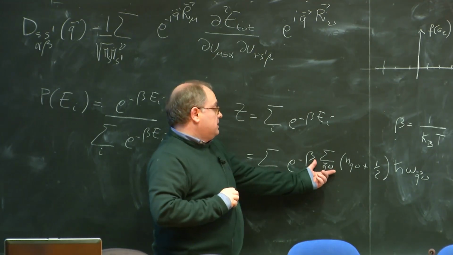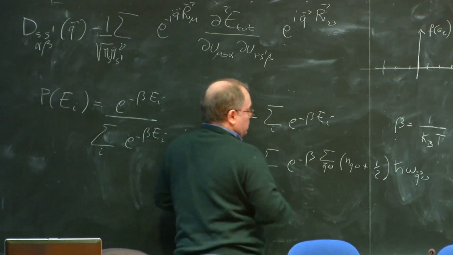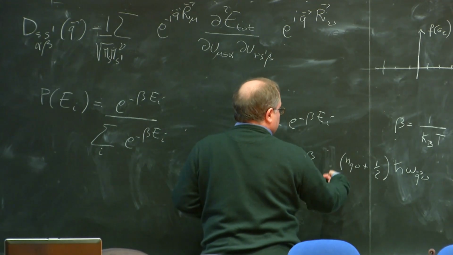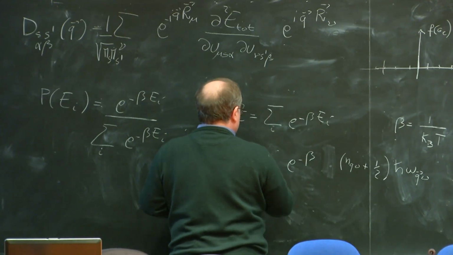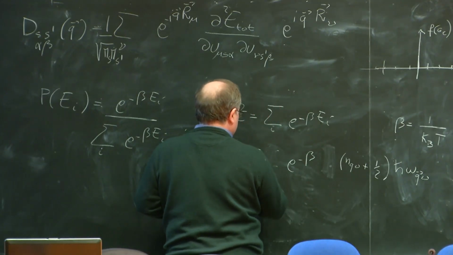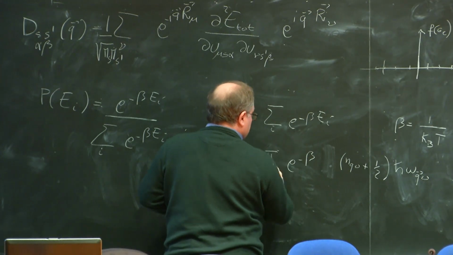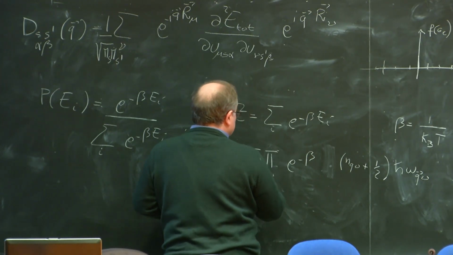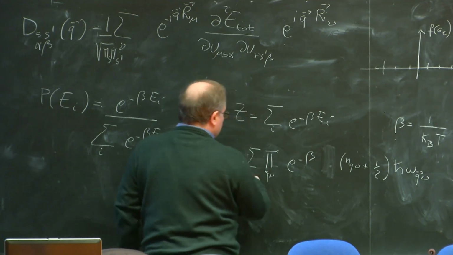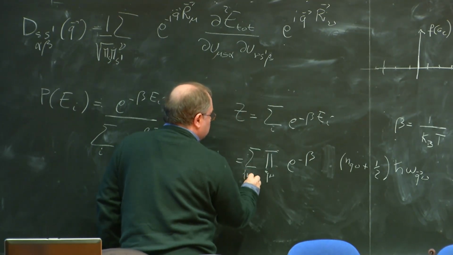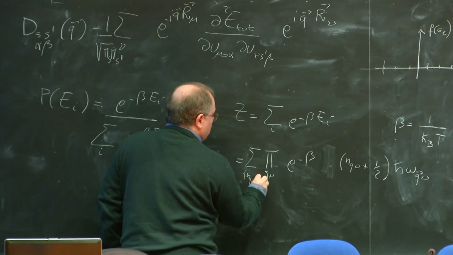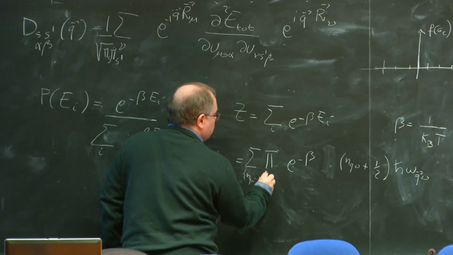Now, the exponential of a sum is the product of the exponentials, so we can bring this down here as a product over Q and ν. And basically, this sum over the states means that we have to sum over all the possible integer numbers for each mode.